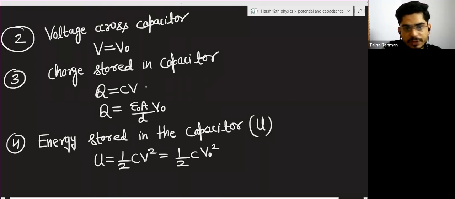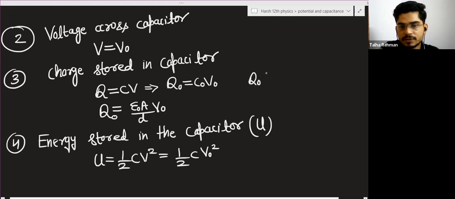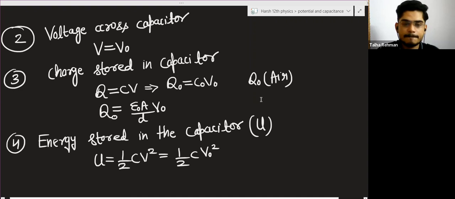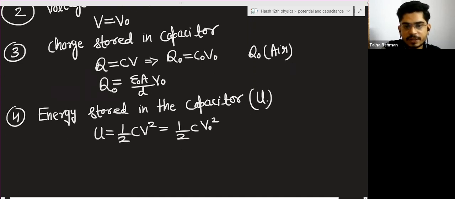Q is equal to CV, so I can write from here, this is the charge in the plates when air is filled. So this will become C naught into V naught. This is Q naught. So Q naught is the charge in air.